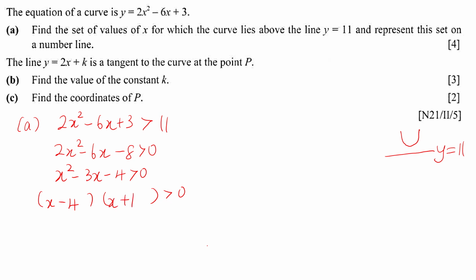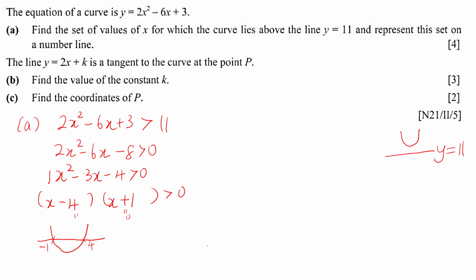Right, and to solve the quadratic inequality, we will have to draw your quadratic curve, and it's a U-shaped curve because the coefficient of x squared is positive. If you let the quadratic inequality be an equation, on the x-axis the x-intercepts can be, if you let this equal to 0, -1 or 4, right?